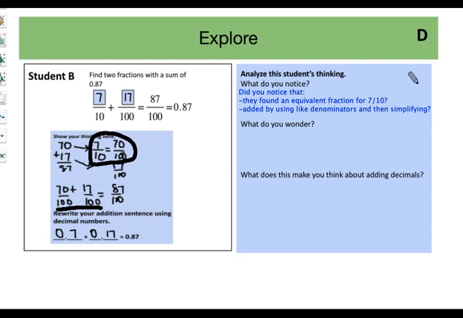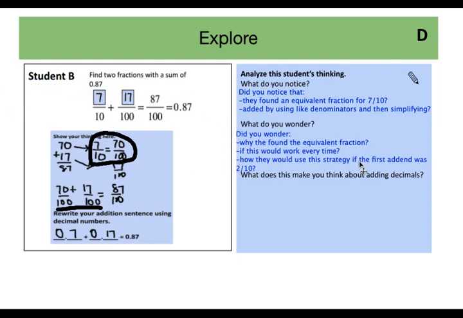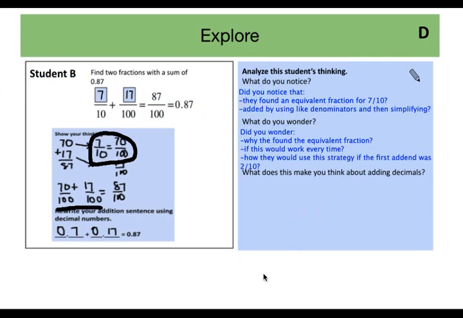What do you wonder? Do you wonder why they found the equivalent fraction? Did you wonder if this would work every time? Did you wonder how they would use this strategy if the first addend was 2/10? Let's see.